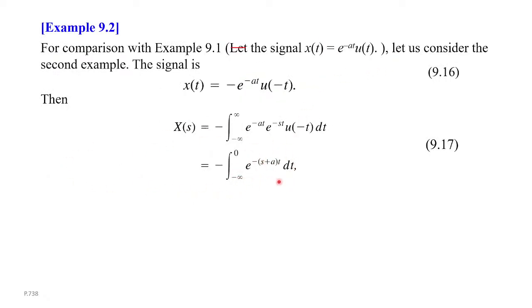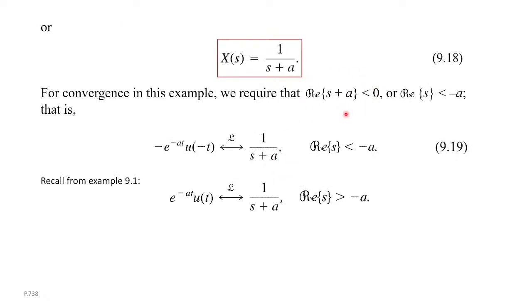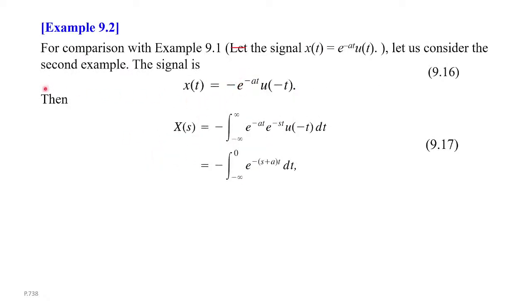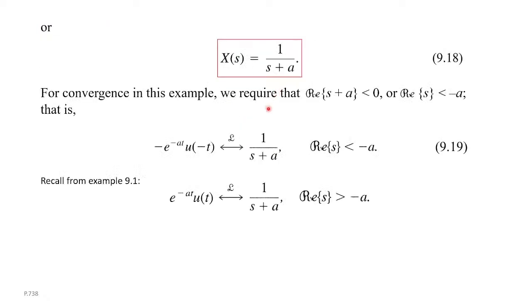For this thing to be convergent, you want it to decay in negative time, right? So you want the real part of this number to be less than 0. And that just means the real part of s is less than negative a. So we also have the transform pair that this function, e to the minus at u of minus t, has Laplace transform 1 over s plus a, and it's convergent for real part of s less than minus a.